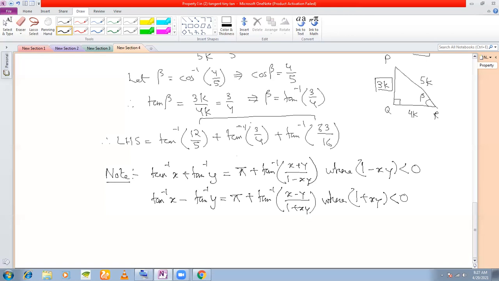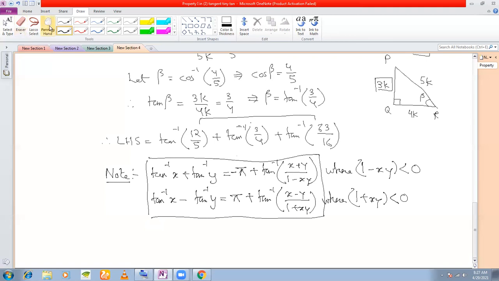Tan inverse x plus tan inverse y is equal to minus pi plus. So these two results are not in your syllabus, but you are expected to use them here. That's okay, I overlook this sum. But if the conditions are satisfied, you will just proceed as you had done in the last problem.